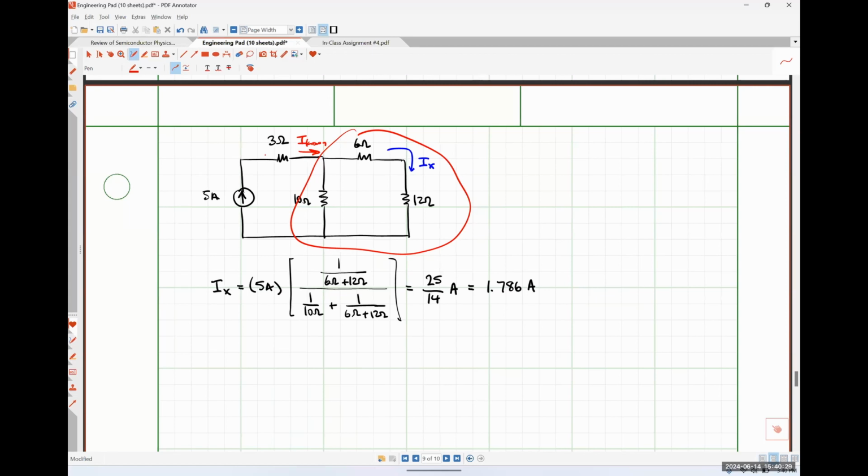So this is how we can apply current division to something that maybe doesn't look like it should be able to apply. But once again, as long as we can get a network where we have parallel resistances and we know the amount of current that's flowing into that parallel combination, current division is fair game. Any other questions about current division before we start working on the in-class assignment?